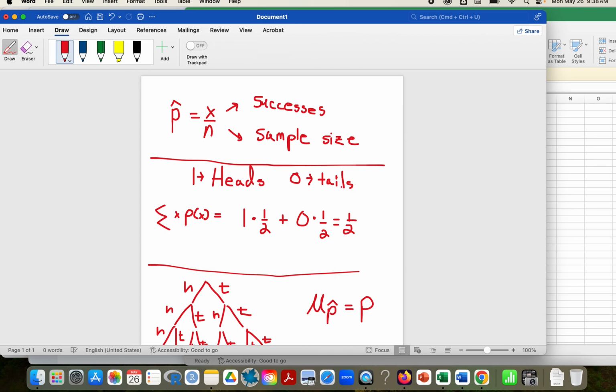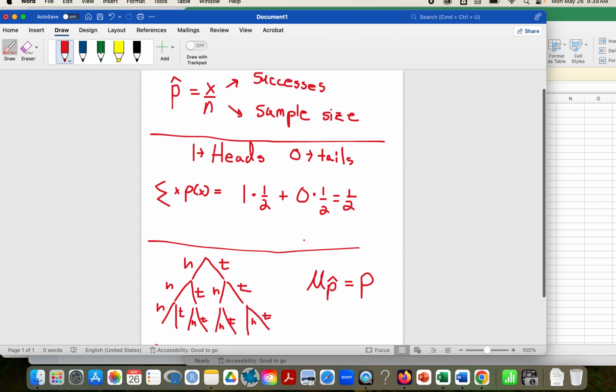This is something that gets done throughout statistics. So we're going to treat 1 as heads and we're going to treat 0 as tails. So it's often the case that what we're focused on gets the 1 and what we're not focused on gets the 0. It doesn't have to work that way. You can flip it if you want to. But for our purposes, 1 is heads, 0 is tails.